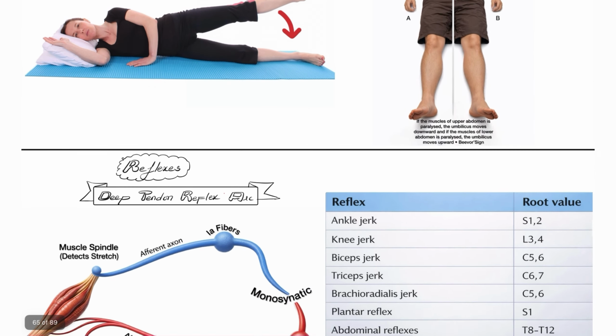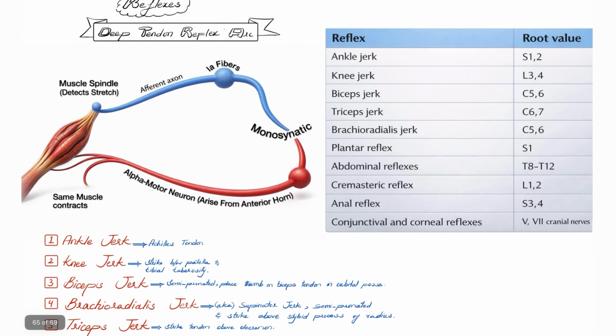Now it is time to study the reflexes, since you know that there are two types of reflexes: superficial and deep tendon reflexes. The reflex arc of the deep tendon reflex is shown in the image.